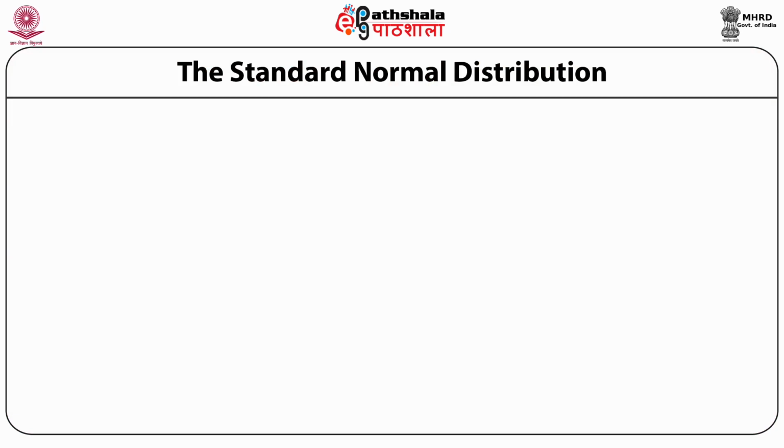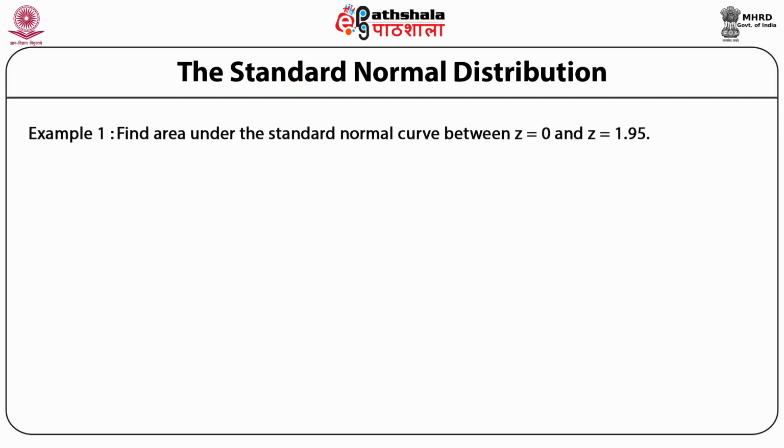Let us do example number 1. Find the area under the standard normal curve between z equal to 0 and z equal to 1.95. All the questions and exercises which are to be done, we will do under the standard normal curve only, because we consider the table of the standard normal curve only.